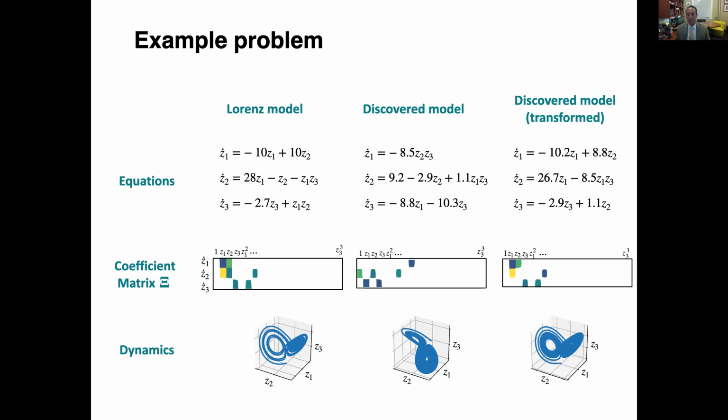And the discovered model, interestingly enough, is a linear transformation away from the actual model. So this is kind of interesting. Even though you buried this dynamics inside of a spatial coordinate system nonlinear transformation, it was able to undo that nonlinear transformation and discover not only the underlying dynamics, but its dimensionality as well.